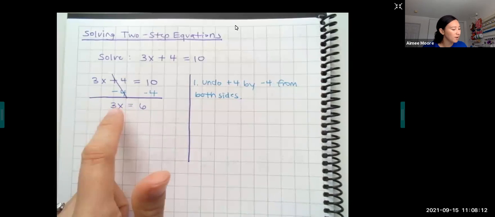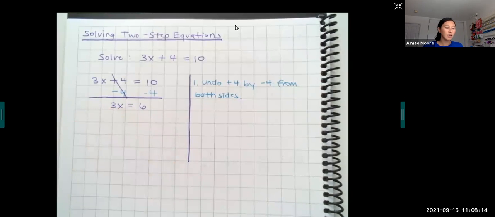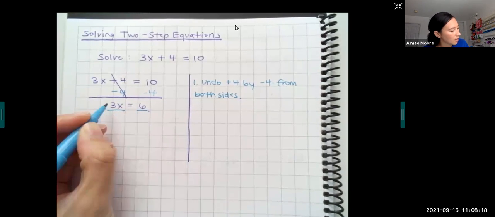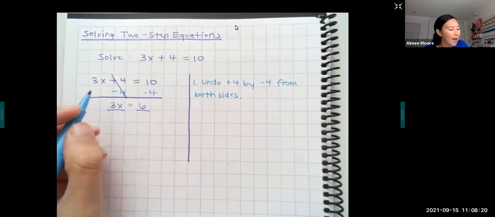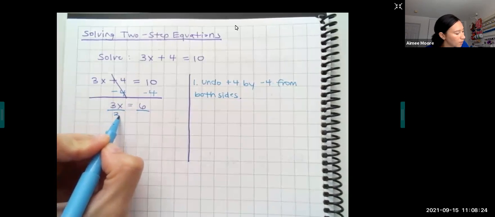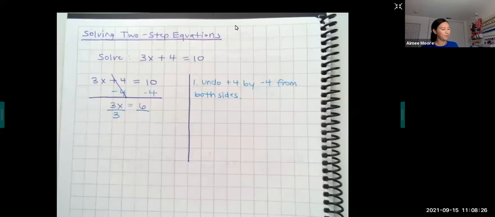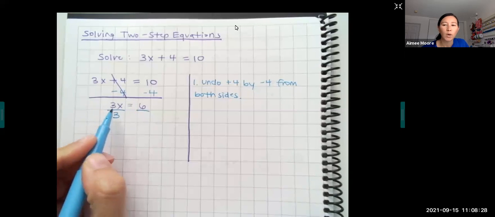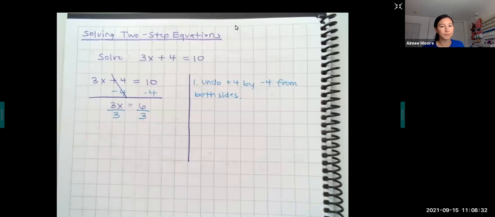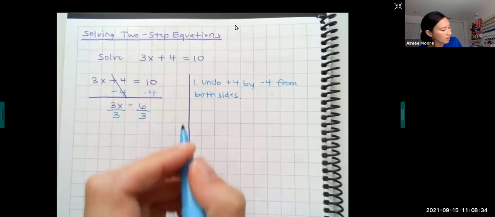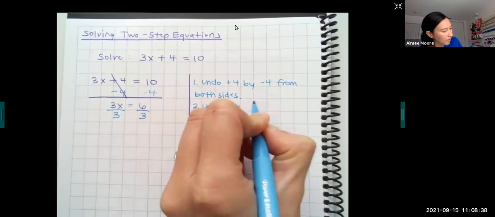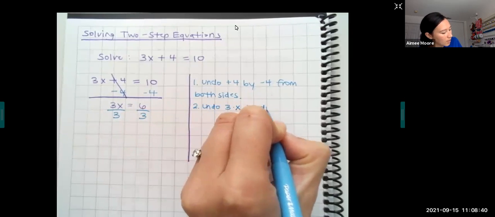If we want to get rid of this multiplication, we need to do the inverse of multiplication, which is division. We're going to divide by whatever number is in front of our variable, the number we're trying to get rid of, which in this case is a 3. And again, whatever you do to one side, you have to do to the other side. And so we're going to undo 3 times x by dividing both sides by 3.